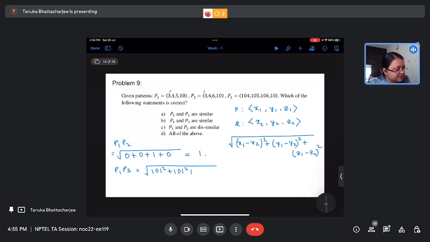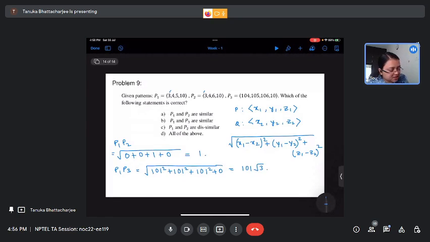Then we have 5 and 106, so again 101 square. And lastly we have 10 and 10, so we have 0. The final Euclidean distance is 101 root 3. If you take 101 square as common, you can take 101 out and you have root 3.